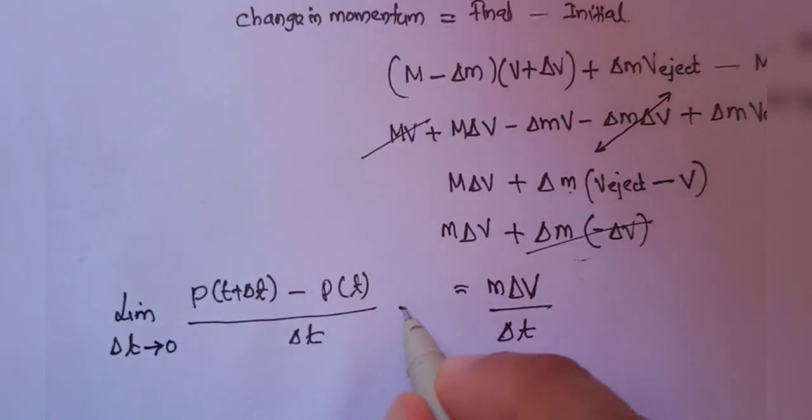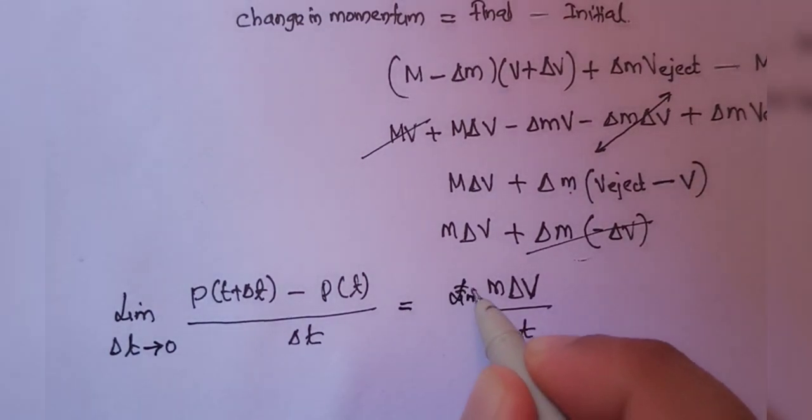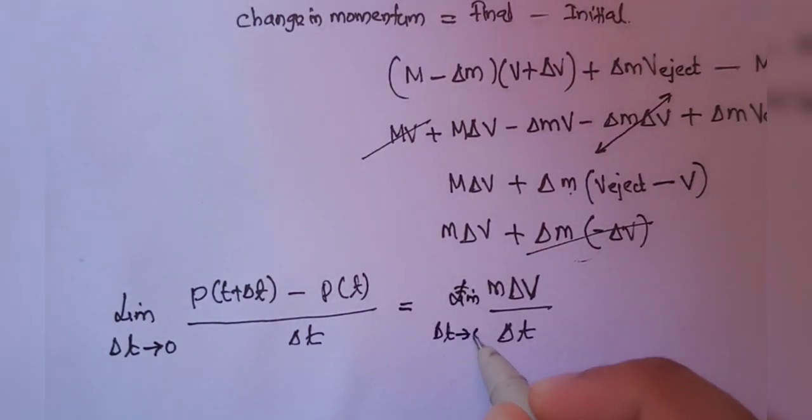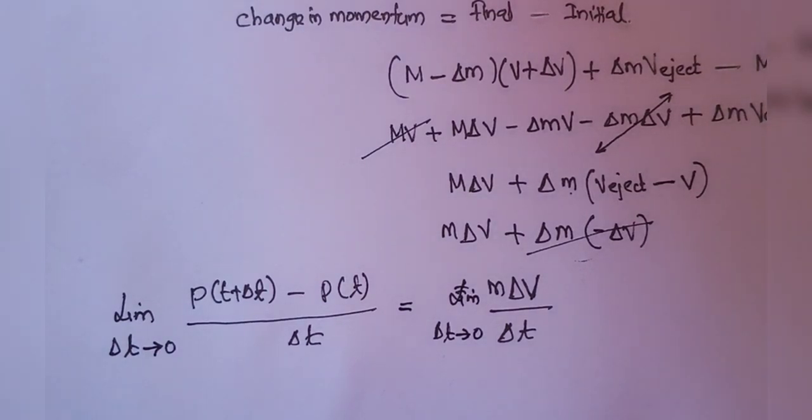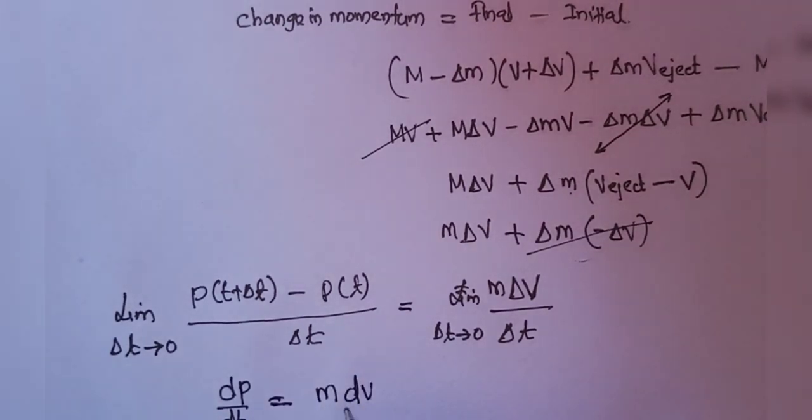Hope you are remembering it. So calculus is very important. When something is tending to a very low value, then ultimately this term is going to have a differential term. So this is something like dp divided by dt, which is equal to m into dv divided by dt.